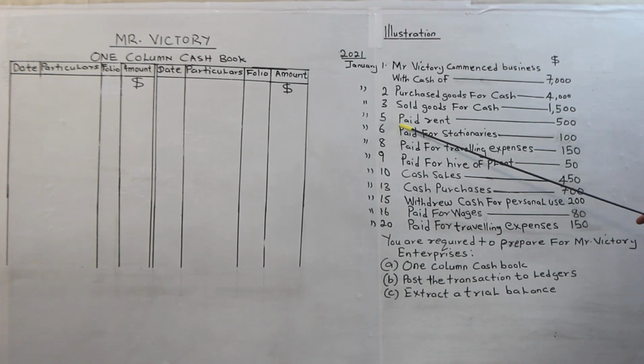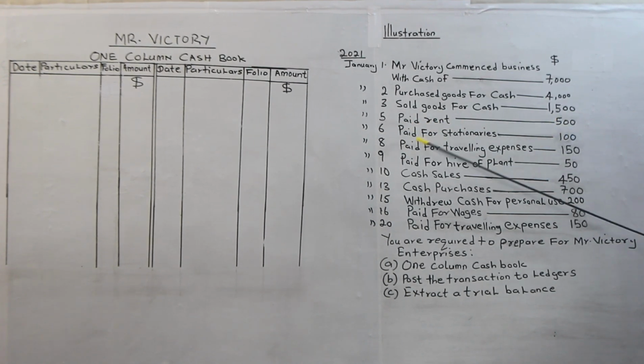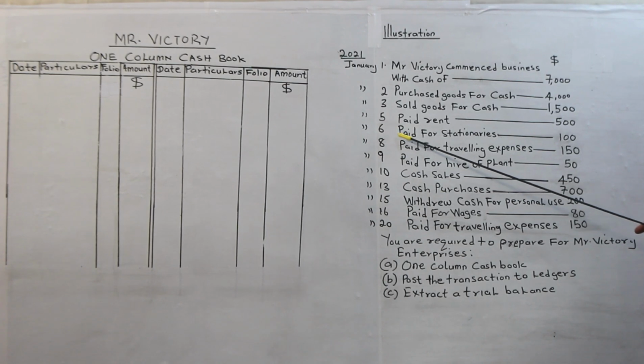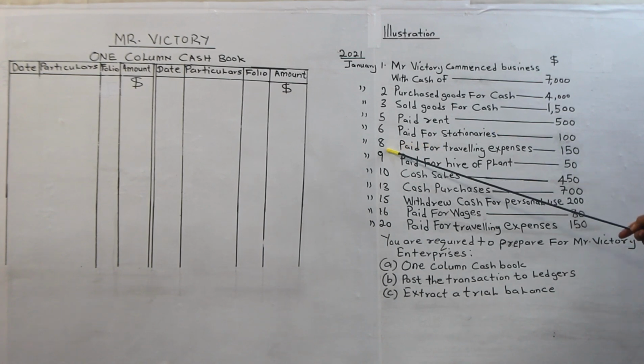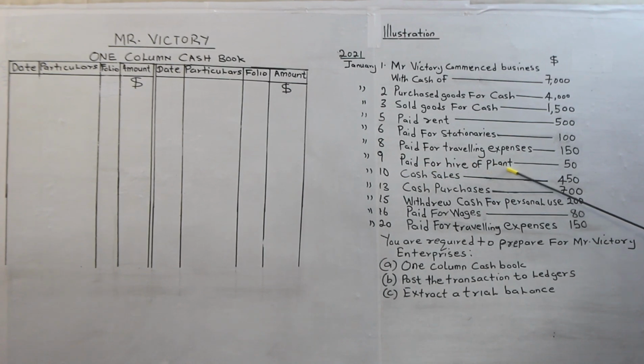January 5th, paid rent $500. January 6th, paid for stationeries $100. January 8th, paid for traveling expenses $150. January 9th, paid for hire of land $50.